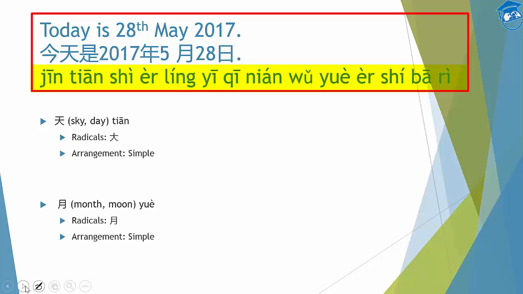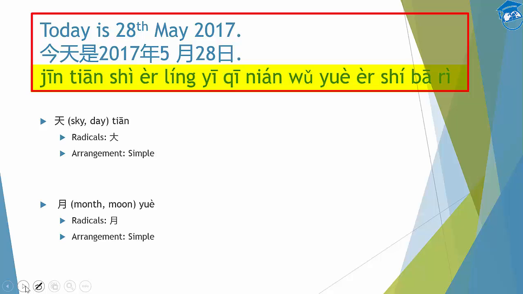As you may have noticed, when we are reporting the year, we just say the numbers out. In this case, 2017 is unlike English, where you say twenty seventeen. In Mandarin, we just report the individual numbers, 二零一七.